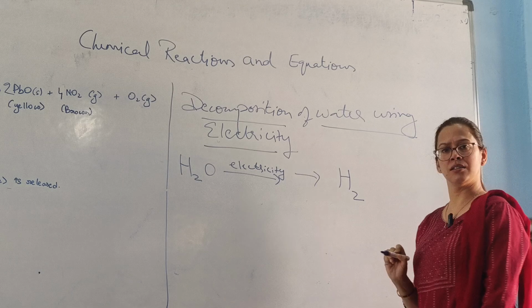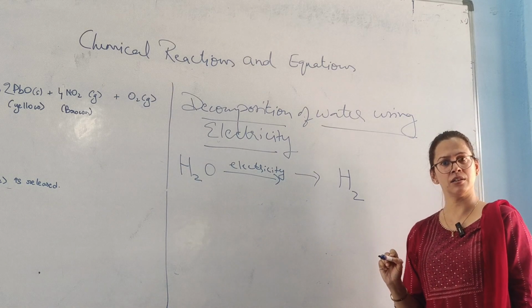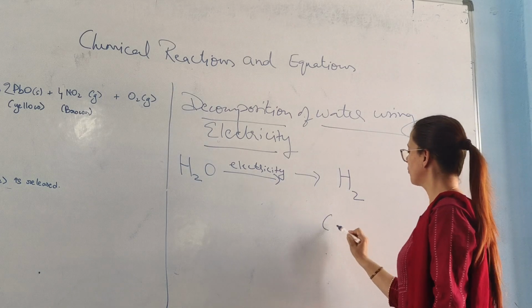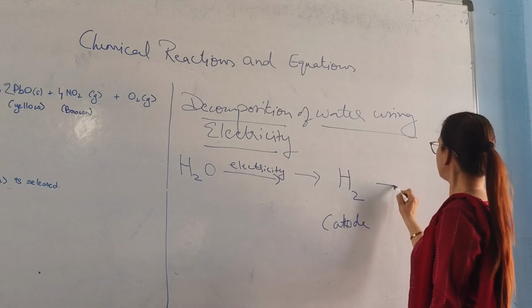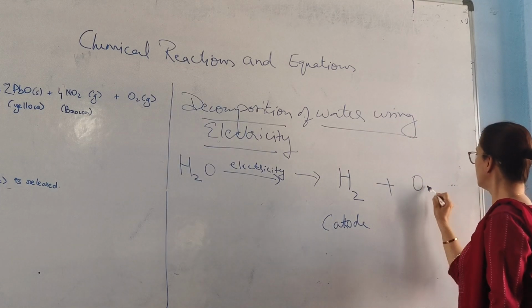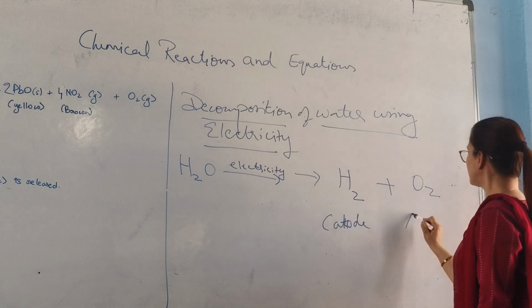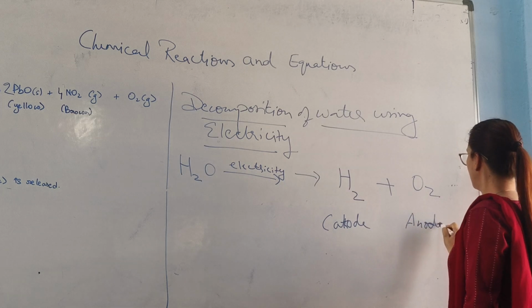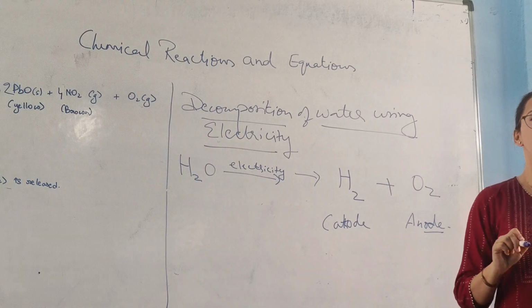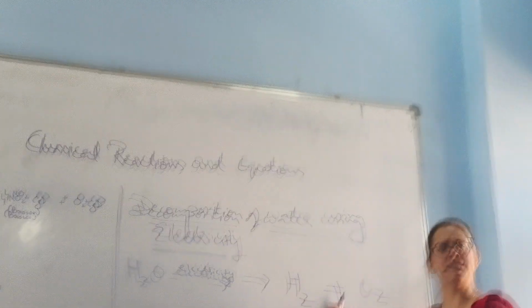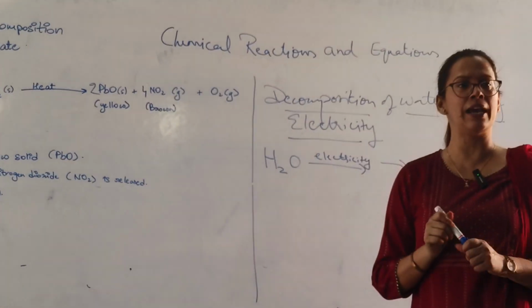H2 gas is collected at cathode, and oxygen is collected at anode, right? We will be taking this example once again when we will learn oxidation and reduction.